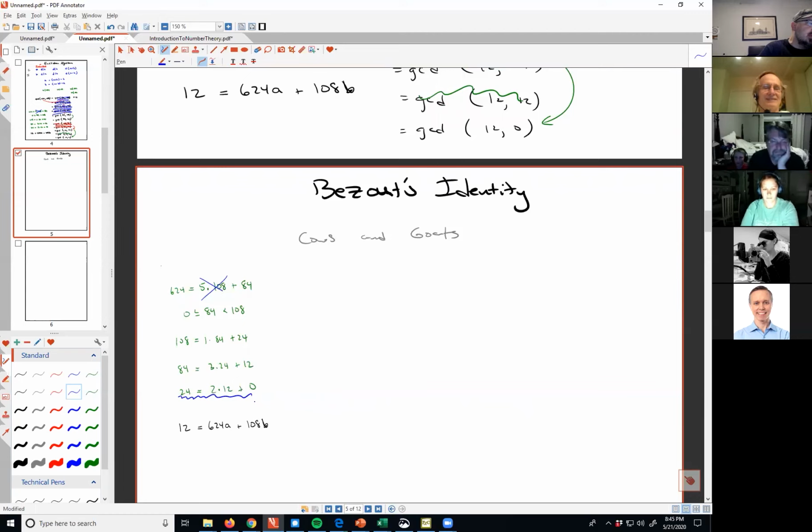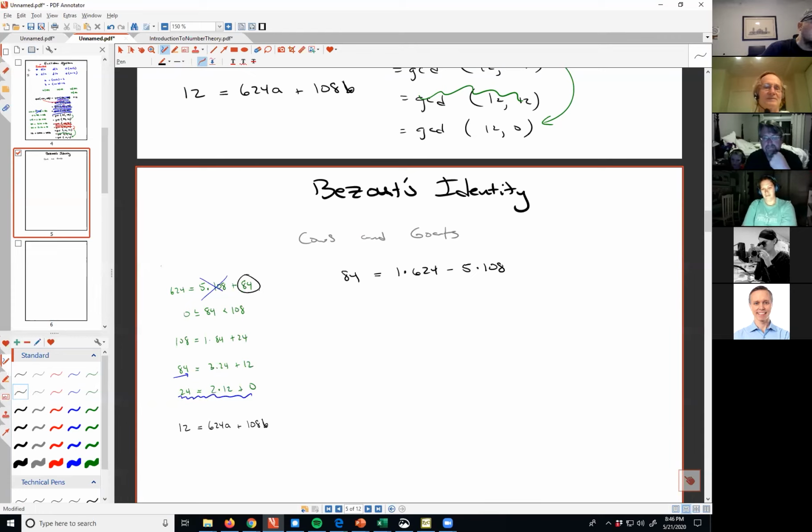And then we can write 84 in terms of 24s and 12s. Let's isolate the 84. 84 equals 1 times 624 minus 5 times 108. So 1 cow minus 5 goats is equal to $84. Okay, that's good. So we're isolating the remainder when we do that.